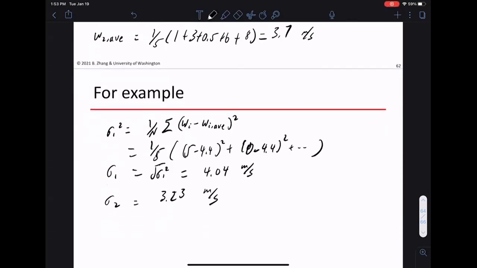Then to compute the cross correlation, what we get is 1/5 over sigma 1 sigma 2, then a big summation.